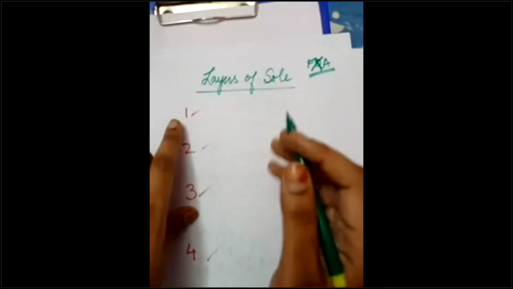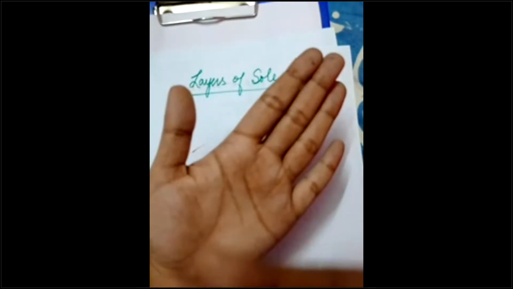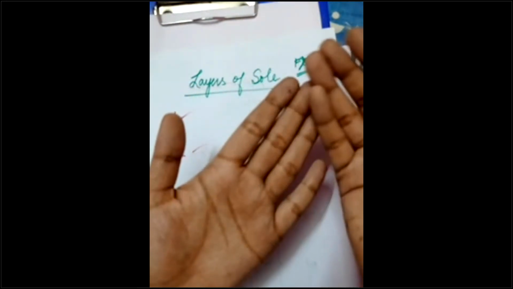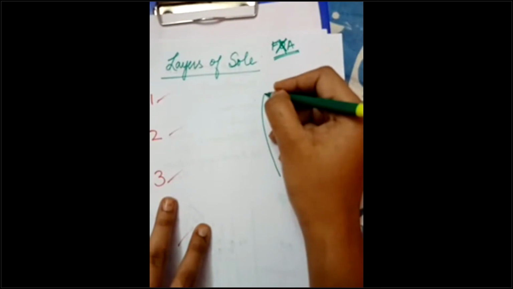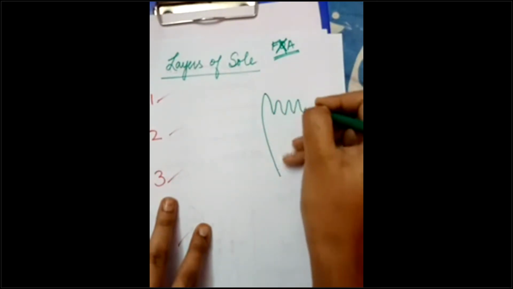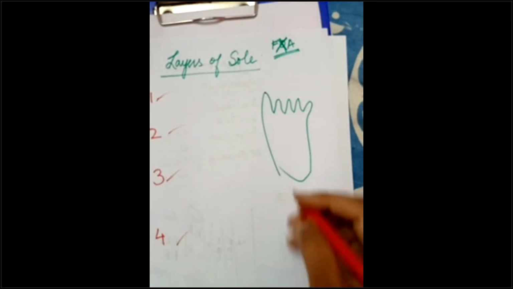So the first layer means the outermost layer I am exposing. I'm dissecting out the outermost layer first. If I draw my foot here, this is your sole.